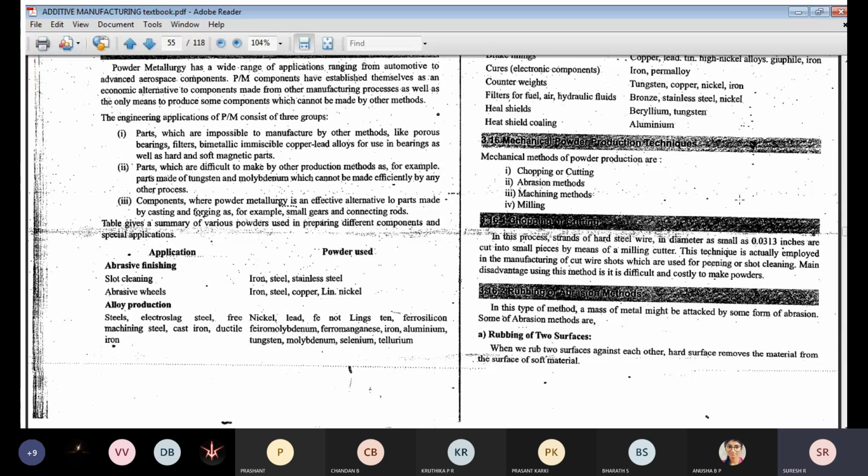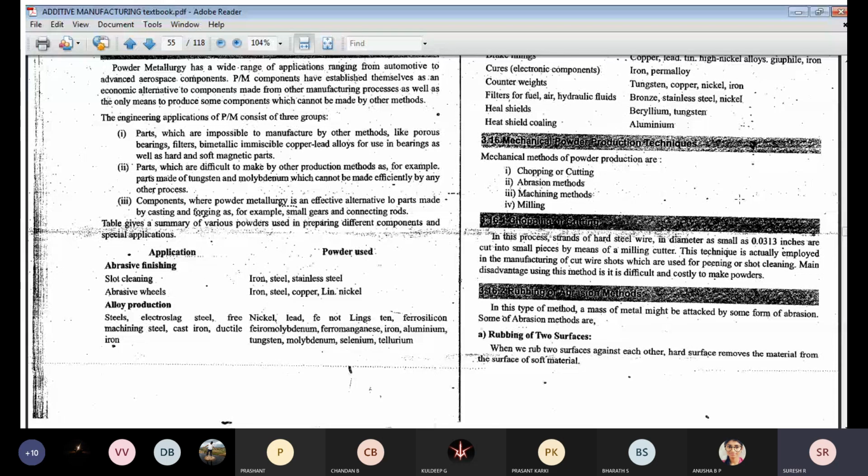The second important method is the rubbing or abrasion method. In this type of method, a mass of metal might be attacked by abrasive particles. Mainly two types are used. First, rubbing of two surfaces: whenever we rub two surfaces against each other, the harder material removes material from the surface of the softer material.